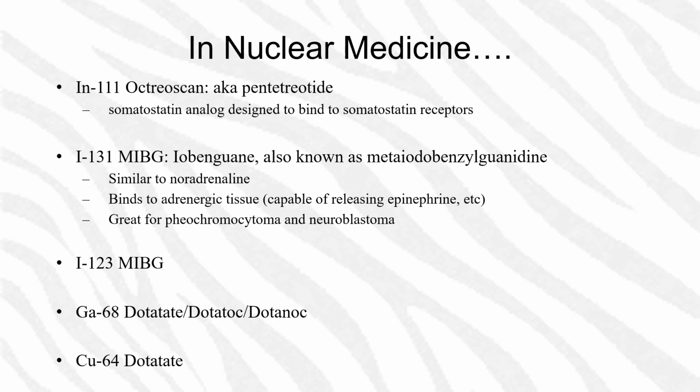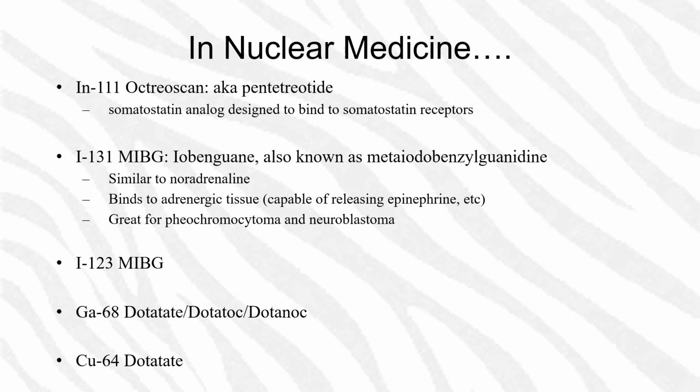It's capable of releasing epinephrine, and it's great for imaging pheochromocytoma or neuroblastomas, not as good when we're looking for other neuroendocrine tumors. I-123 MIBG is the same thing. It's the same iobenguane, but tagged to I-123. That has better imaging qualities just because I-123 is a better imaging agent than I-131.